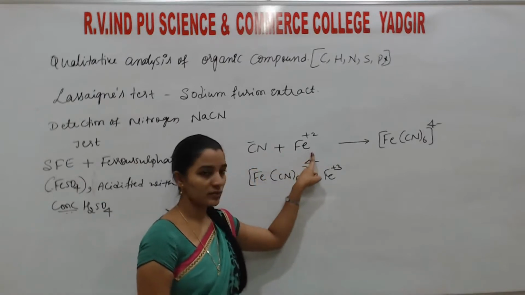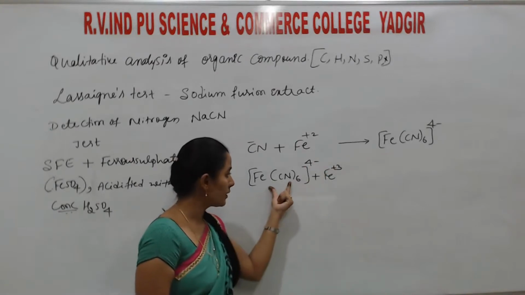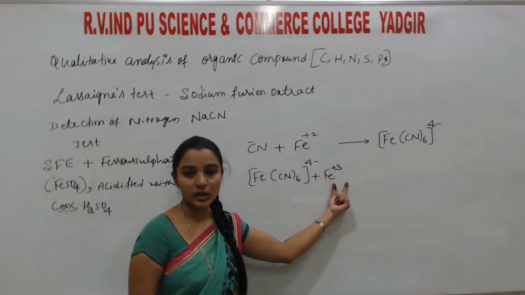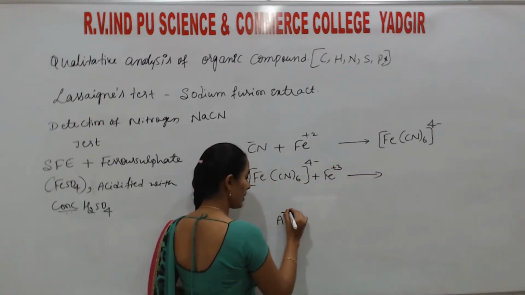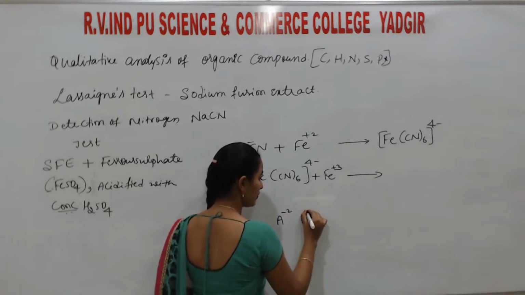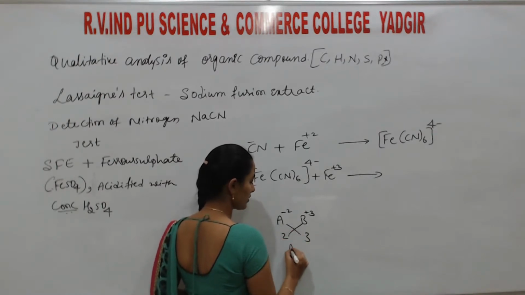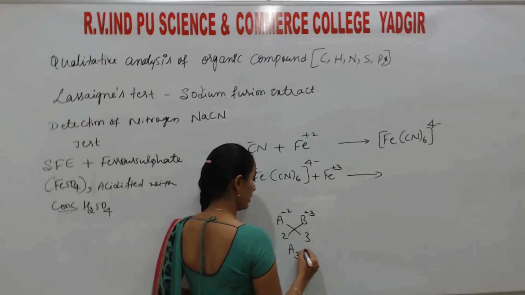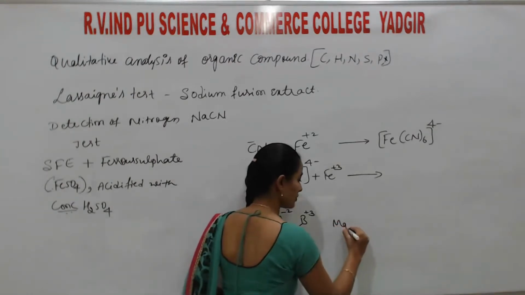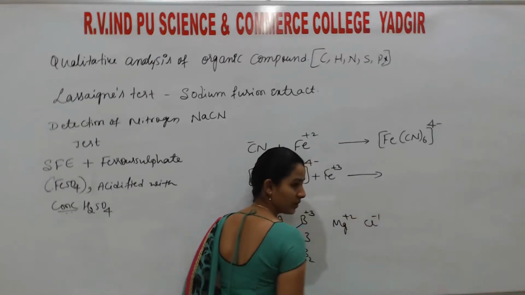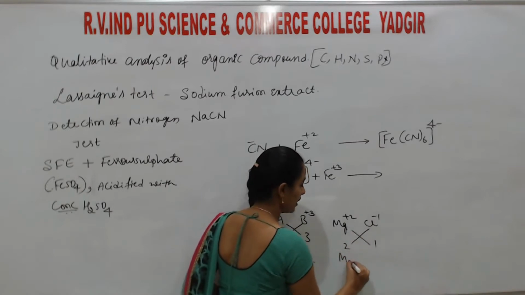Initially, when SFE reacts with FeSO4, this complex forms. When it is acidified with H2SO4, this complex combines with Fe plus 3 ions. Listen here: A minus 2, B plus 3. How can you balance? Cross multiply: A3B2. Similarly, Mg plus 2 and Cl minus 1 give MgCl2 by cross multiplying.